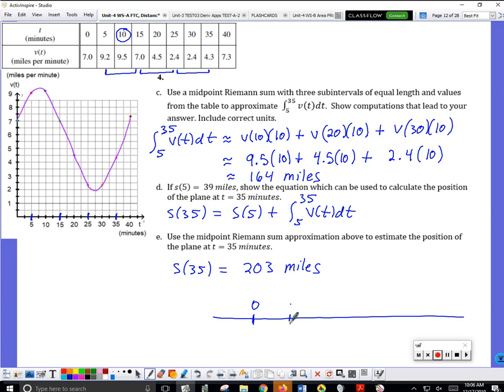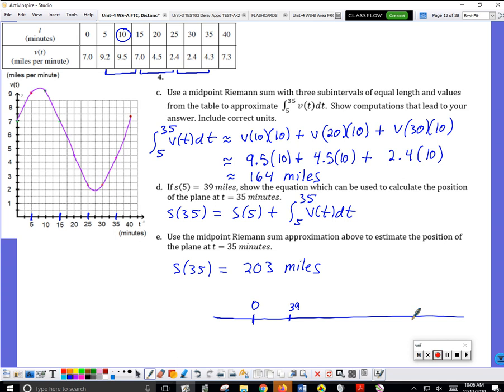The plane is at a location of 39. In the next 30 minutes, the plane's position will displace to the right 203 miles. So 203 miles more than 39. So that's why we're adding the 39 plus the 203. Not 39 plus the 160.